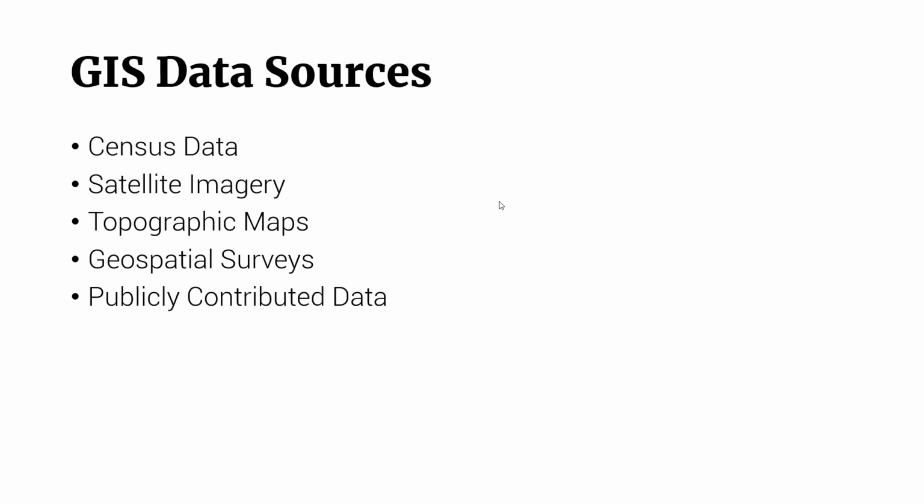These data come from volunteers. So these are the five GIS data sources: census from the government, satellite imagery from satellites, topographic maps that illustrate surface features, geospatial surveys using GPS, and publicly contributed data coming from volunteers.